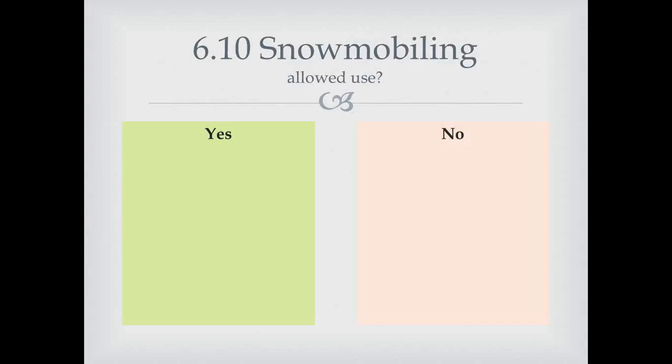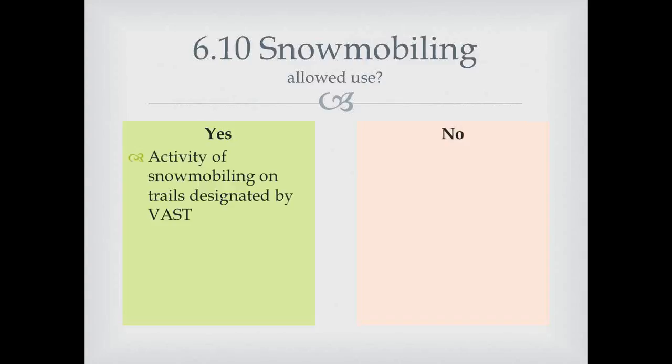Now, in terms of forest practices, I've included some slides on some other allowed uses because I know that these are often co-located. In terms of using existing trails, skid trails, logging roads, snowmobiling actually is considered allowed use on designated VAST trails.